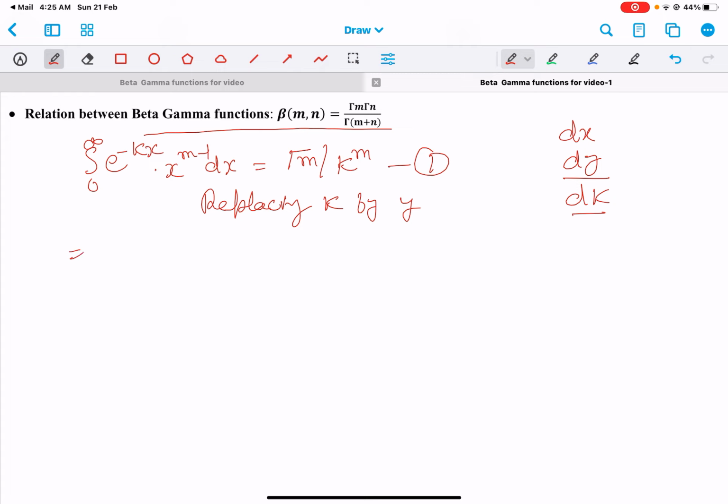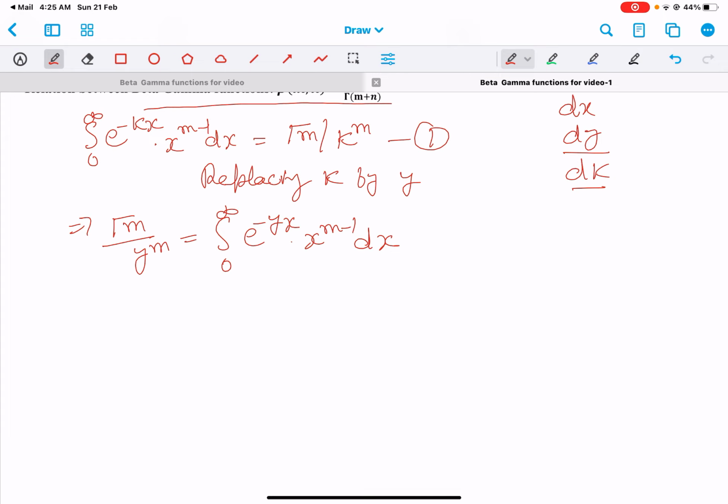So this will imply that gamma m upon y to the power m is given by integral 0 to infinity e to the power minus yx into x to the power m minus 1 dx. And this implies that gamma m is nothing but integral of e to the power minus yx y to the power m into x to the power m minus 1 dx.